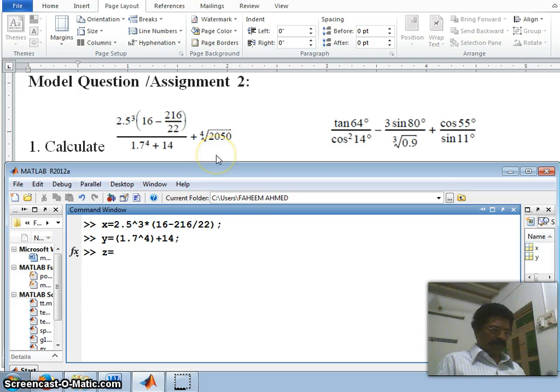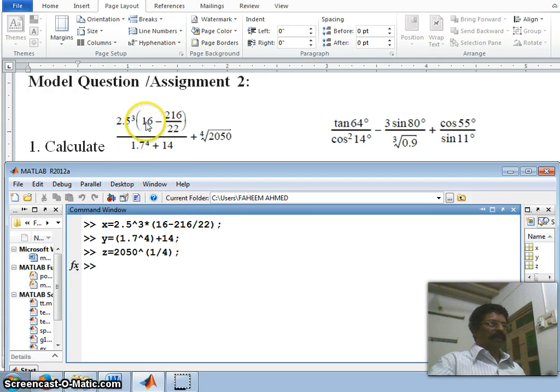Z is equal to 2050, it is a single number, power 1 divided by 4. If you omit the bracket, this will be raised to the power 1, then it will be divided by 4. We want the fourth root, therefore power 1 divided by 4.